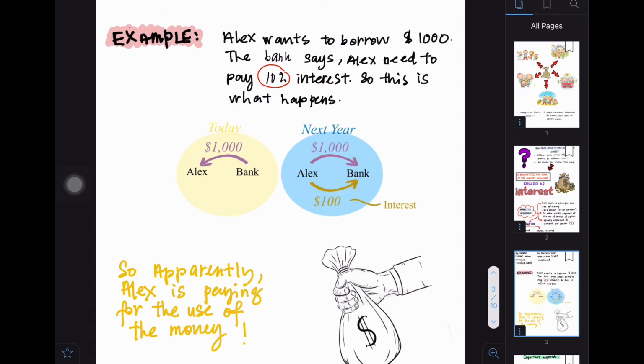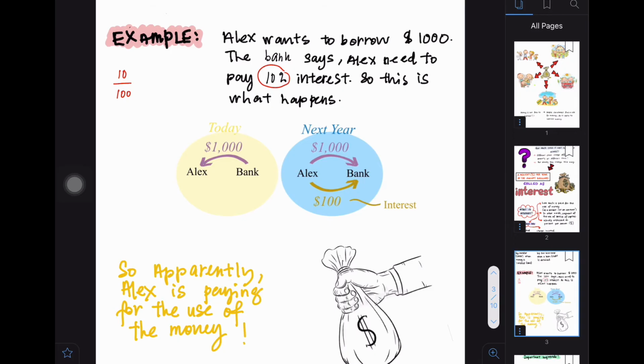You know that when we talk about percentage, it must always be a number per 100. So when we talk about 10%, it means that the fraction value of 10% is actually 10 over 100. So 10 over 100 from the value Alex borrowed, which is 1,000.